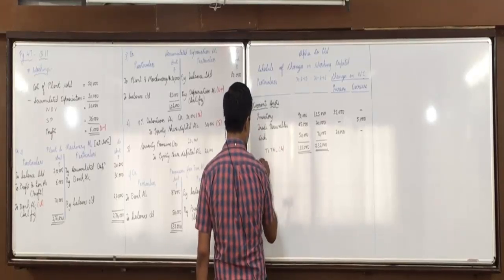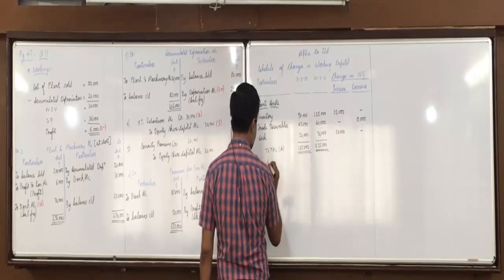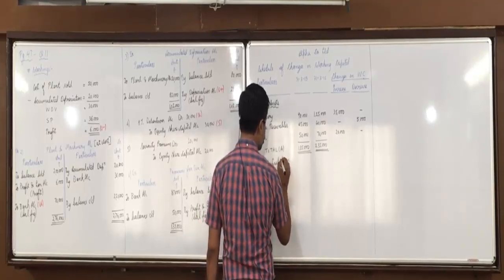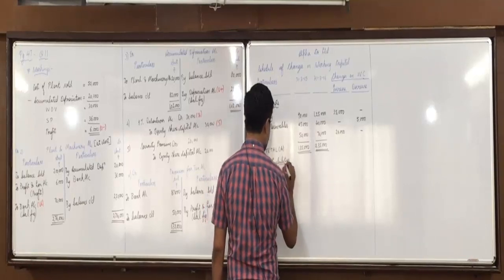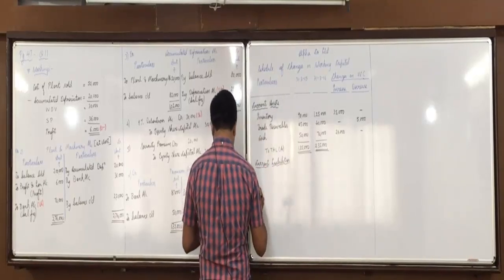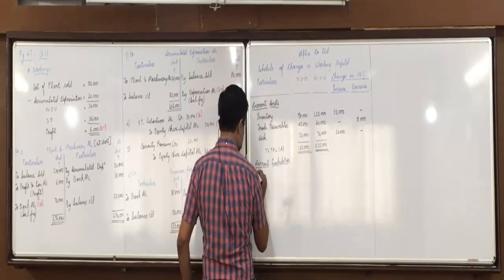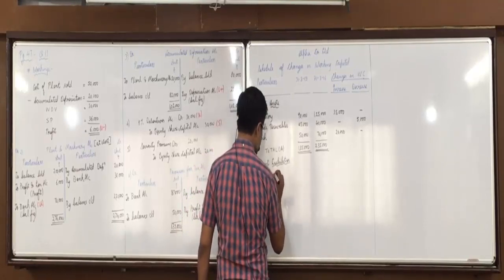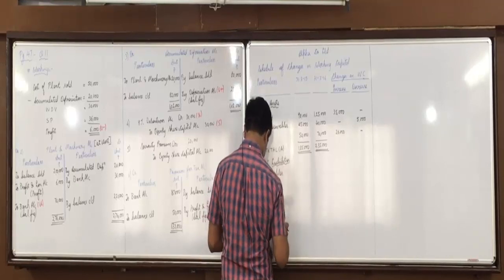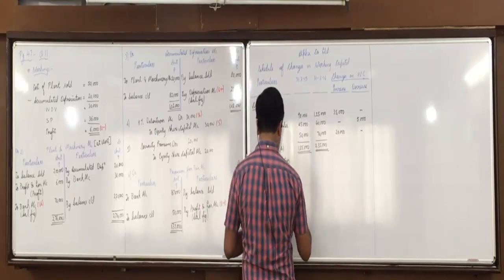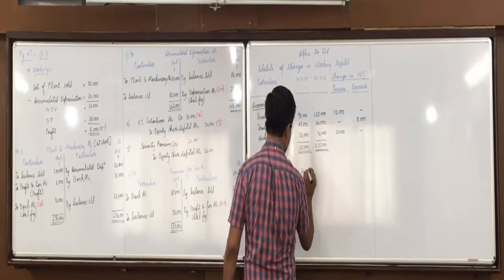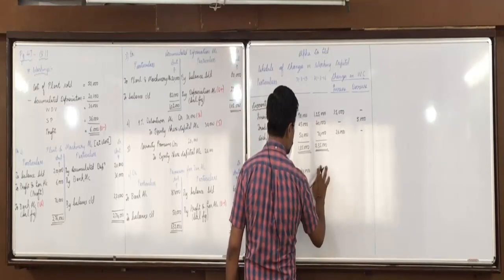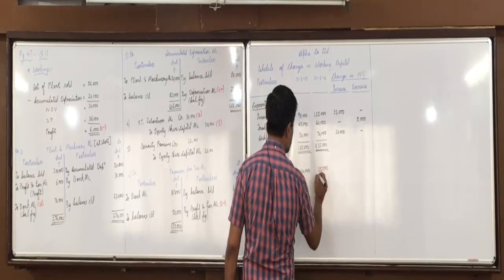Then current liabilities. In that, trade payables, 30,000 and 25,000. Now current liabilities and working capital have an inverse relation.